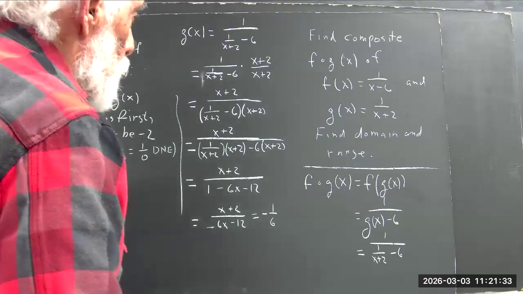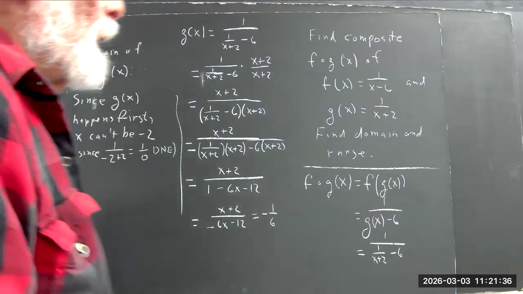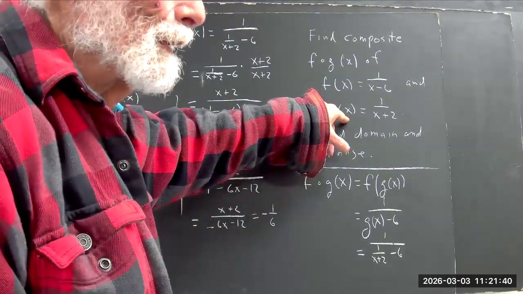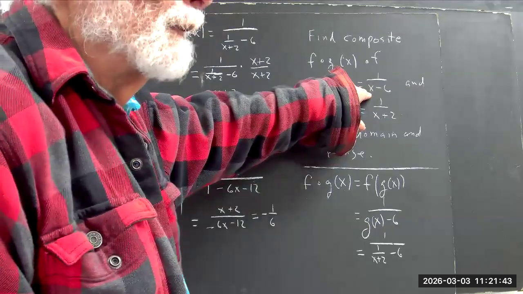Okay, there's another problem. If g of x happened to equal 6, then you couldn't plug it into f of x.